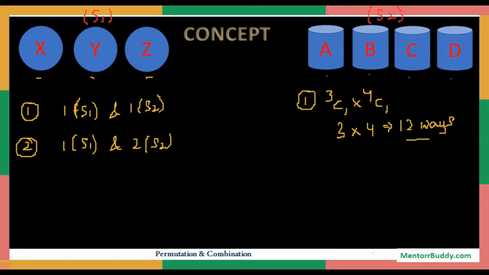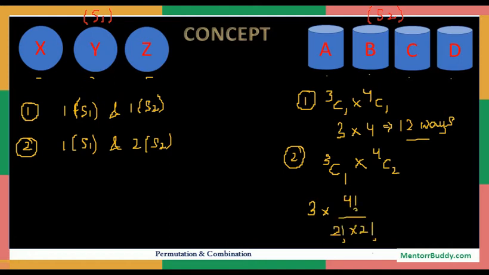In that case the selection of 1 out of 3 will be 3C1, and out of 4 I have to select 2, which is 4C2. 3C1 is 3, and 4C2 is 4 factorial upon 2 factorial into 2 factorial.